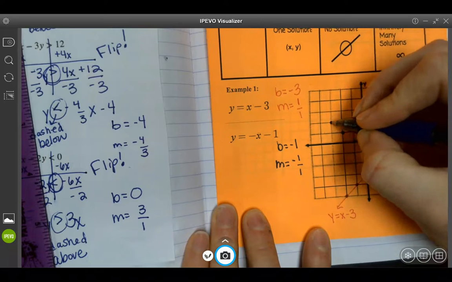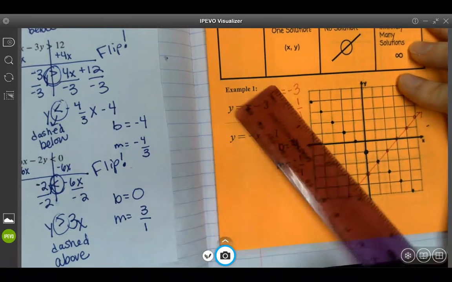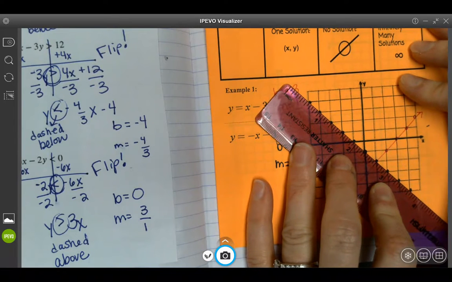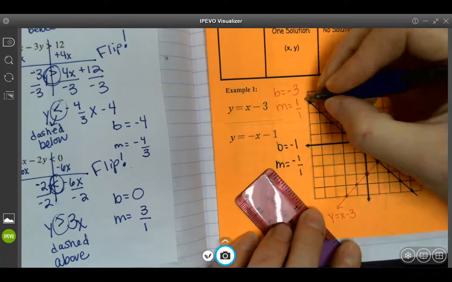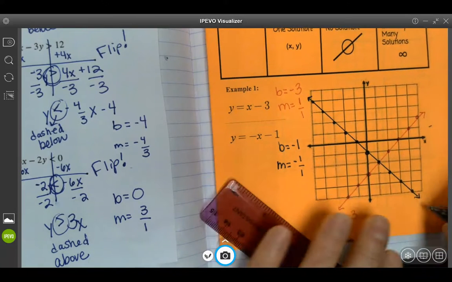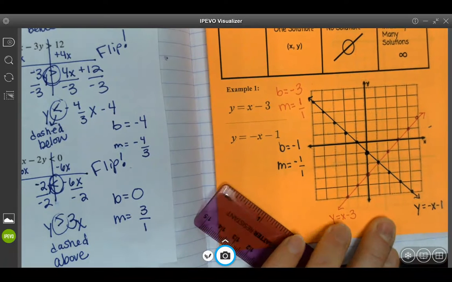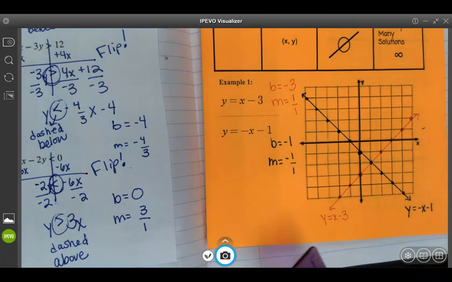Up 1, left 1. So always start at your y-intercept and then do your slope, rise over run. Go ahead and draw your line, put arrows on it, and name it. You can name it on either side, either the top or bottom. I chose to name it on the bottom because there was more room.